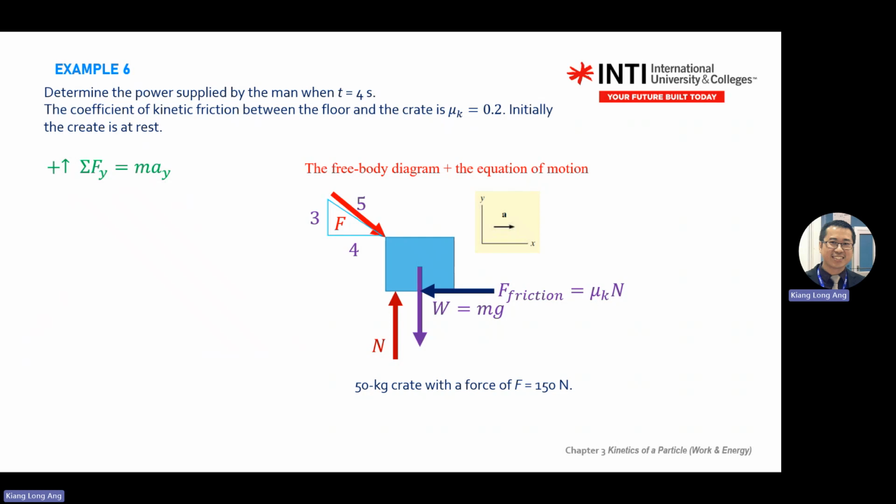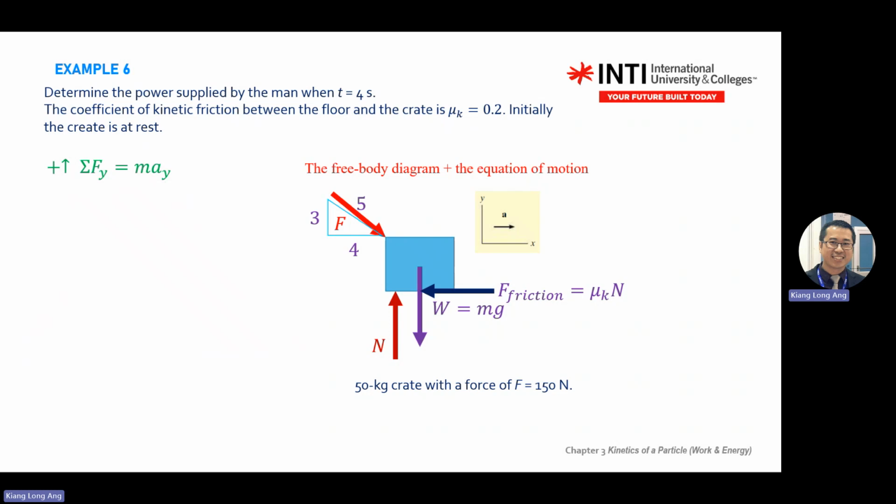Force multiplied by what? This is the force. You want to split into what? This one and this one, right? So this one is what? Sine or cos? Sine theta and cos theta.